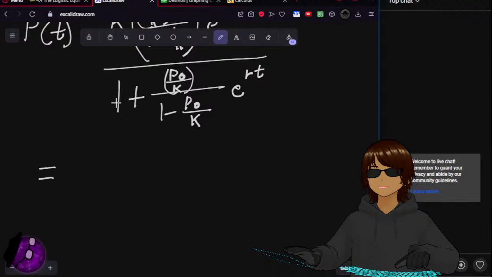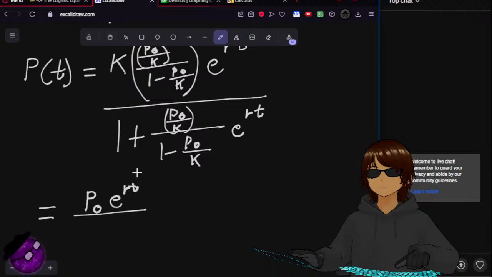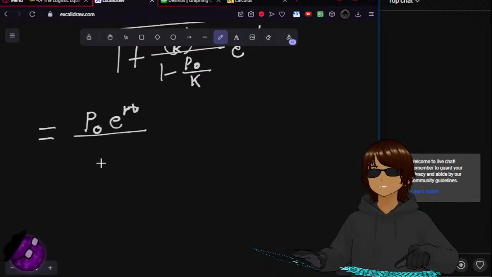This k and k cancel. So we are left with p0 e to the power of rt, 1 minus p0 over k.